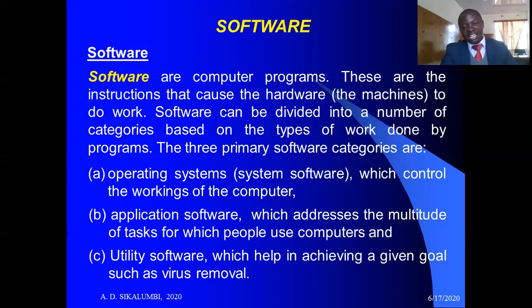Then the last classification of software is utility software. Utility software may be defined as software meant to increase or bring effectiveness and efficiency in the operation of the computer in general. Bring efficiency and effectiveness in the operation of the computer.